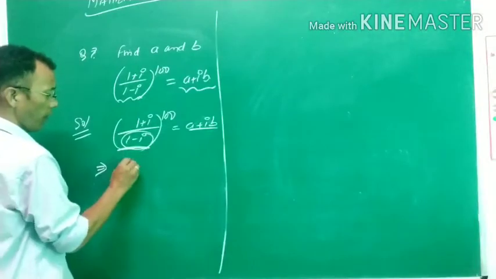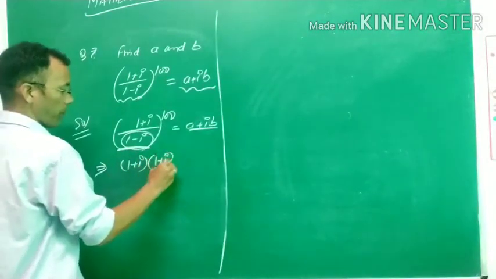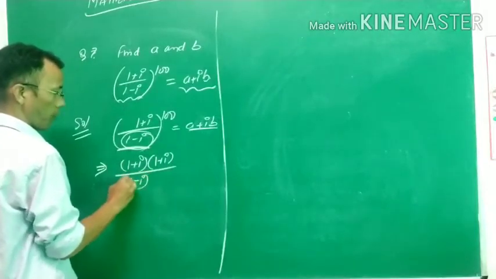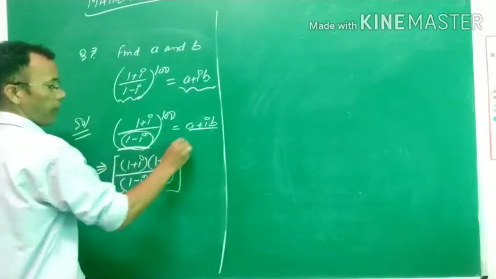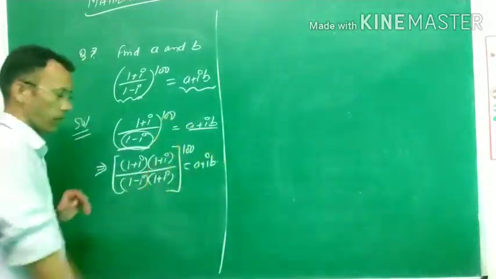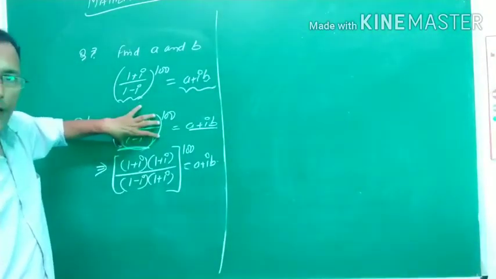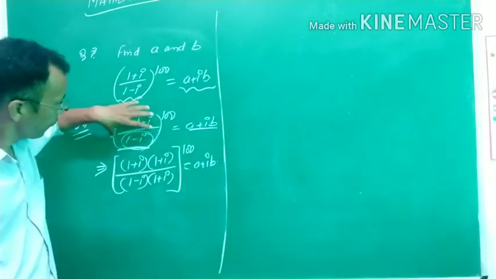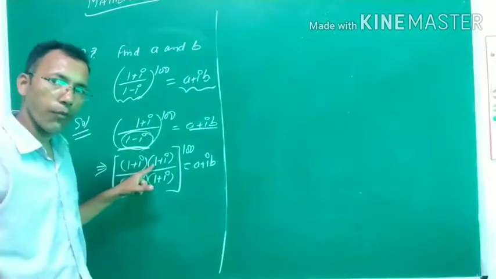So see this one: ((1 + i)(1 + i) / (1 − i)(1 + i))^100 = a + ib, right? Numerator and denominator both have been multiplied by the conjugate of the denominator.